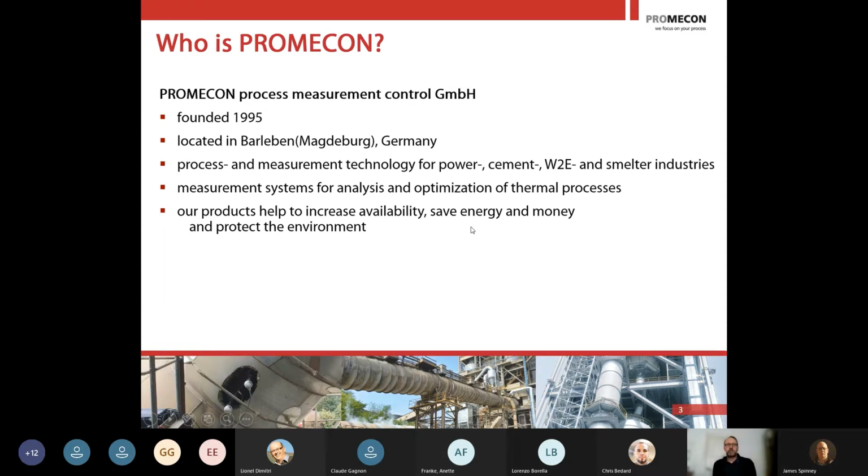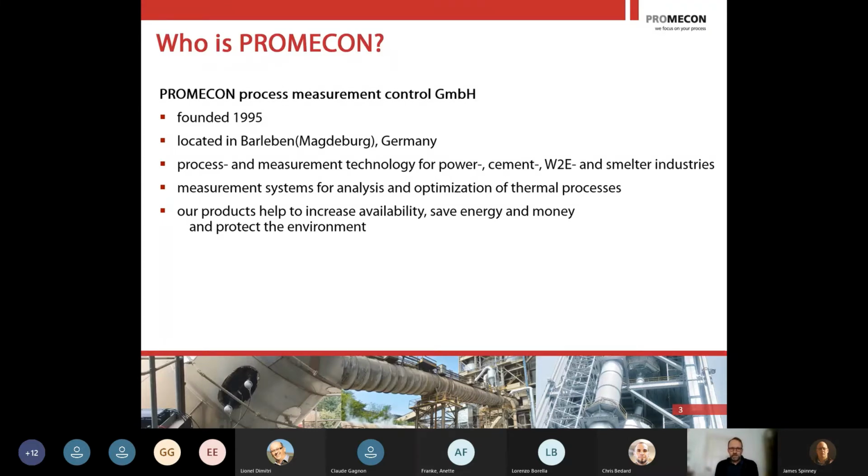So who is Promecon? So Promecon is coming from Germany. So it was founded 1995, 25 years ago, and our company headquarter is located in Barleben, close to Magdeburg, which is about 1 hour away from Berlin, from the capital.